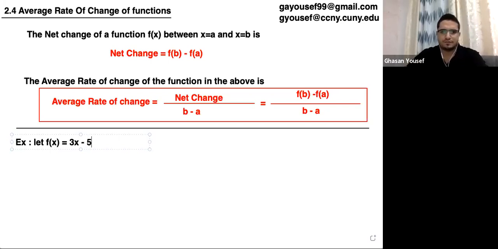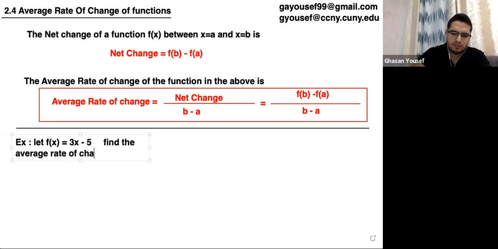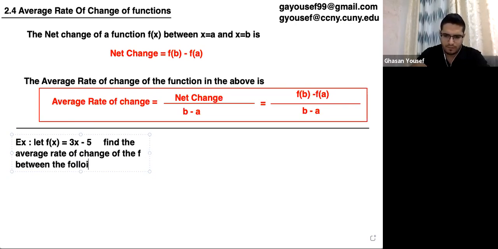This is my function. The question is, find the average rate of change of the function f between the following points.